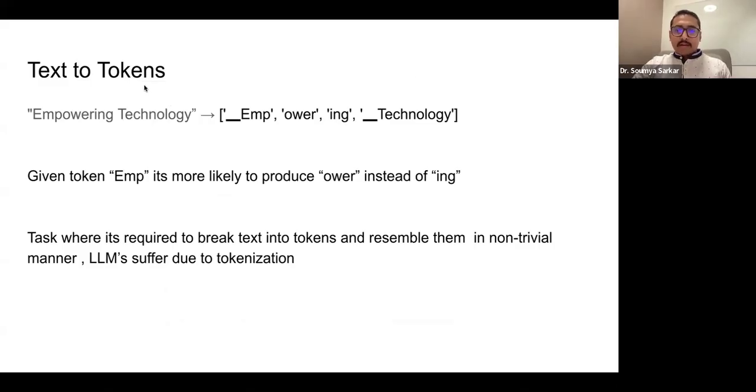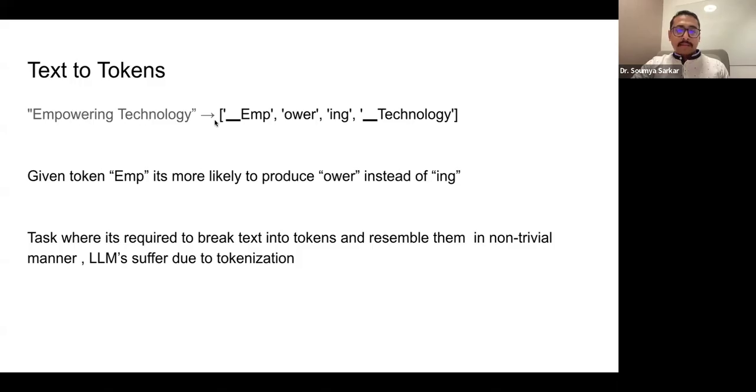let's understand the internal technology that LLMs depend on. The most important technique that the LLM uses is tokenization. Tokenization is how an LLM actually understands your input. So given a particular sequence, let's say the sequence is "empowering technology", the LLM will look at it in the form of tokens.